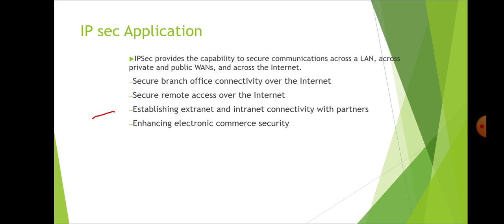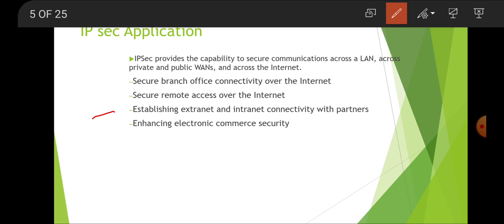Now, enhancing the electronic commerce security. Electronic commerce security means what? So many times we are doing online transactions. Over Google Pay or different UPI applications, we are sending money to our friends. At that time, confidentiality is very important.